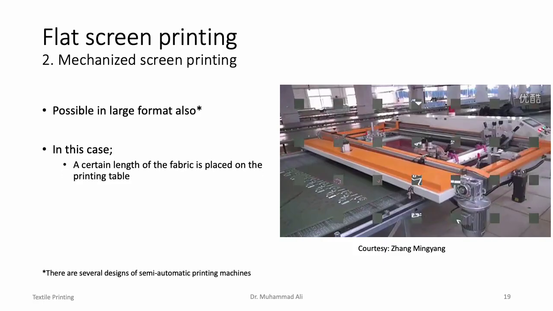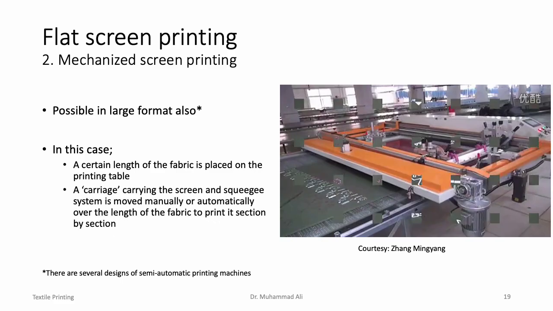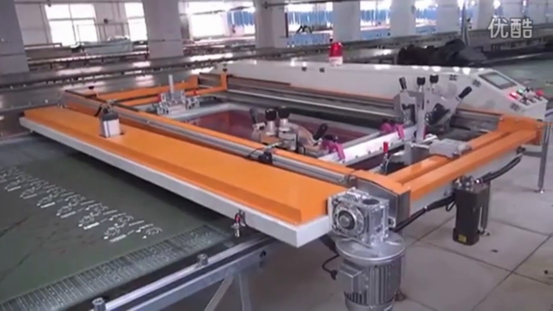In the case of mechanized screen printing for large format, for larger lengths of fabric, a certain length of the fabric is placed on a printing table, just as we do in any other printing process. And then a carriage, which is carrying the screen and the squeegee system, is moved over this printing table from one point to another. During this movement, it prints different sections of the fabric one by one. Let's look at this video to further clarify this point.